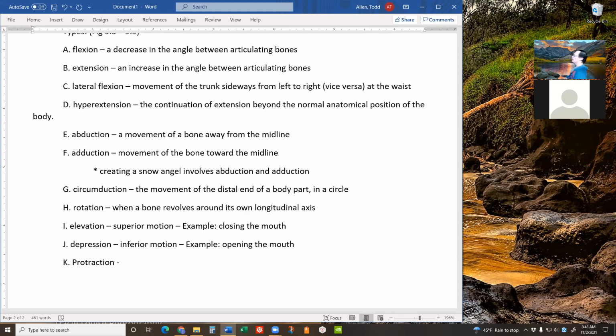Okay, I start here and I move forward. That is protraction. Movement of a part of the body anteriorly in the transverse plane.